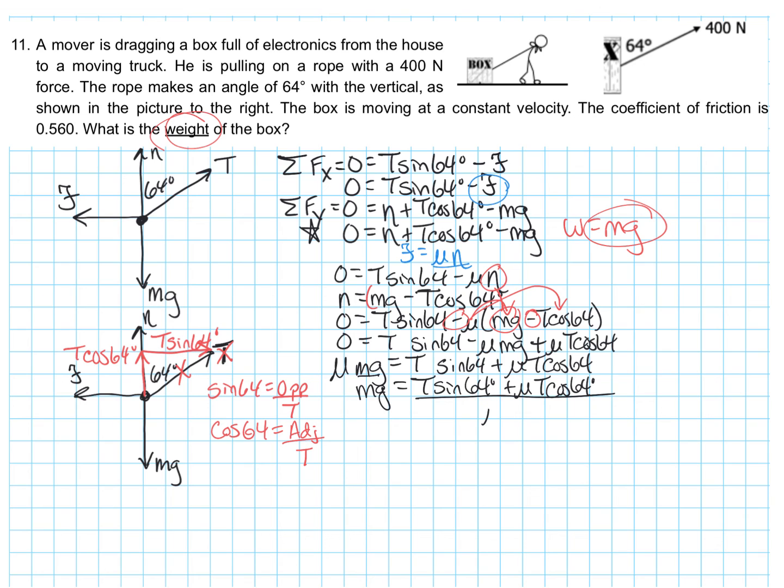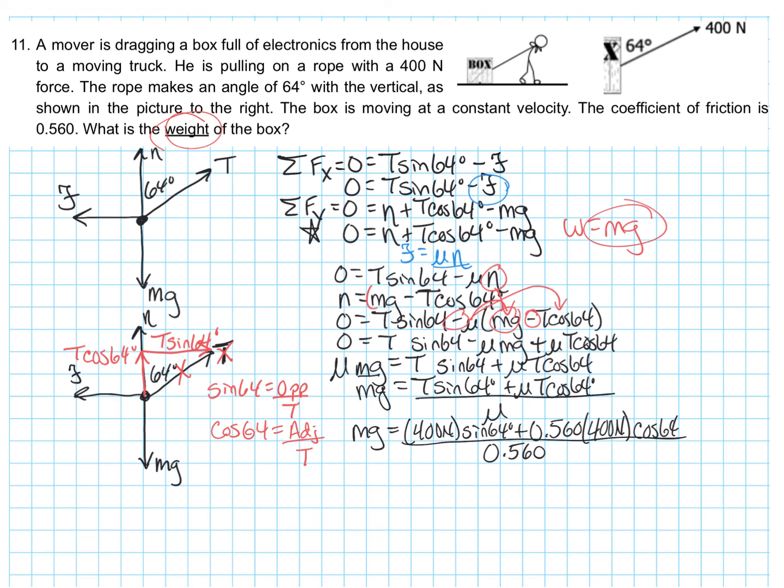And now just put in the numbers, and that'll give me the weight, because remember, mg is the weight. So mg is equal to tension, 400 newtons, sine 64 degrees, plus mu, which is 0.560, no units, times tension again, 400 newtons, cosine 64, divided by the coefficient of friction, 0.560.